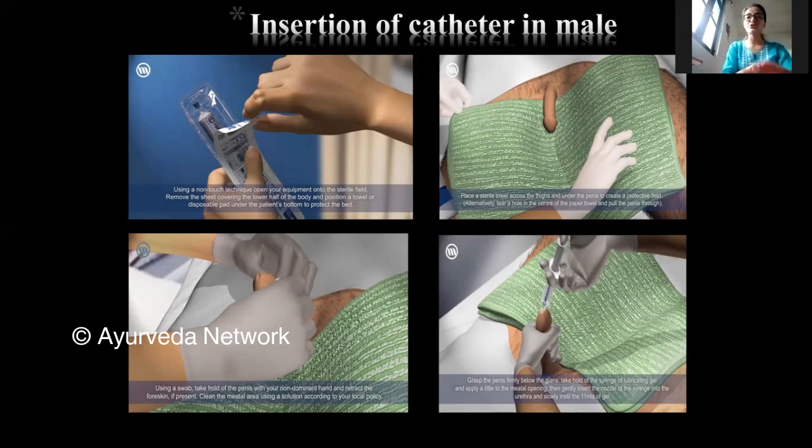Then with your non-dominant hand, you hold the penis and retract the foreskin if it has to be retracted. After that, you apply this jelly over the meatus of the patient. Next slide.